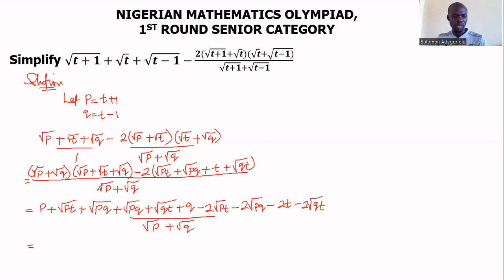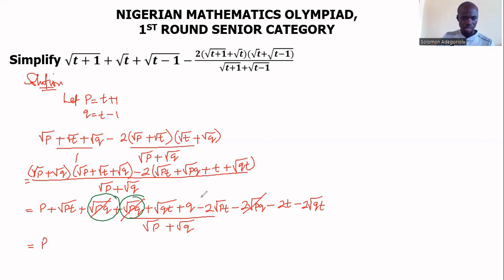So what do we do from here? This is root PQ plus root PQ, which gives us 2 root PQ, and we have a negative 2 root PQ here, so these cancel.